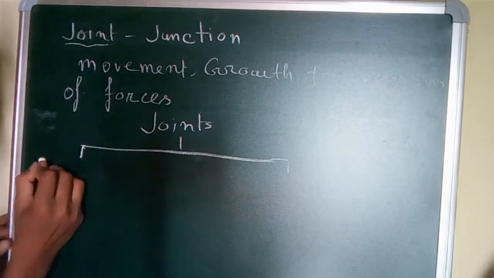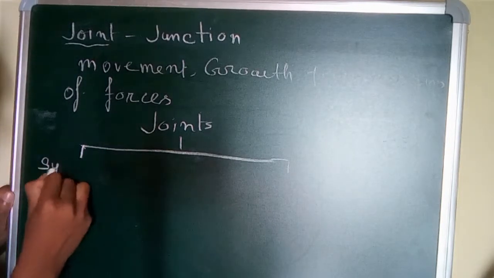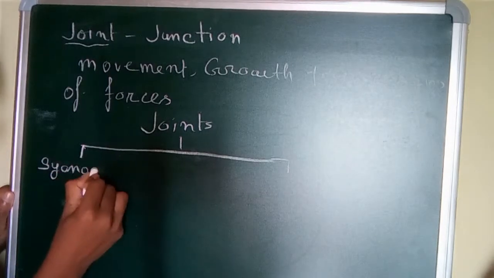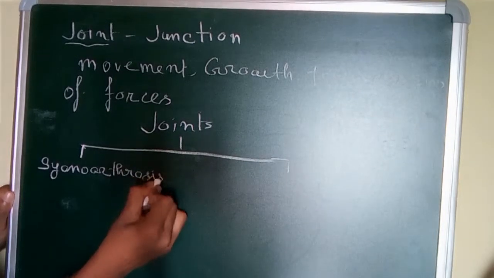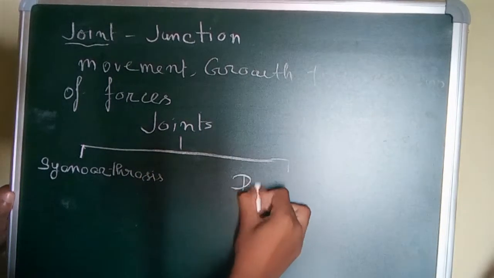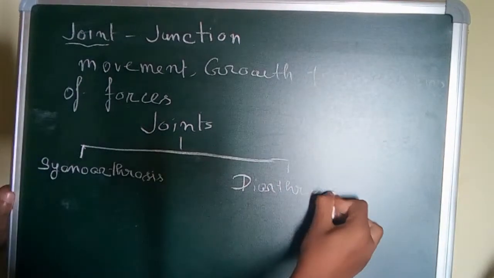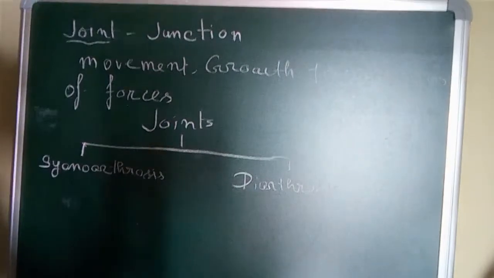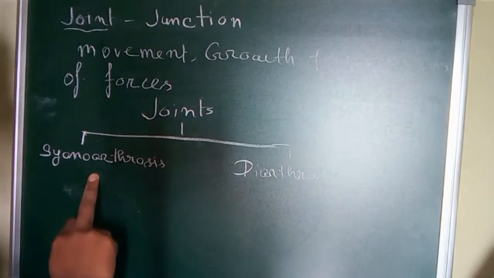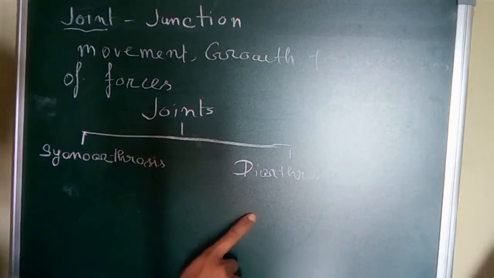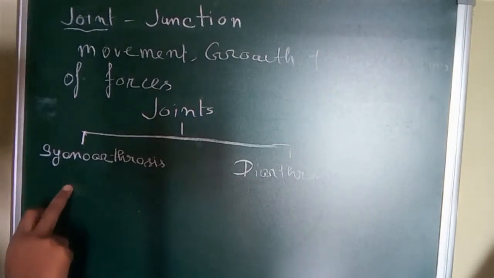Number one, synarthrosis, and number two, diarthrosis. So joints are divided into two types: synarthrosis and diarthrosis. So let's talk about synarthrosis.